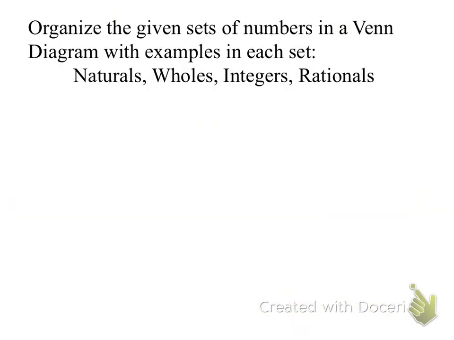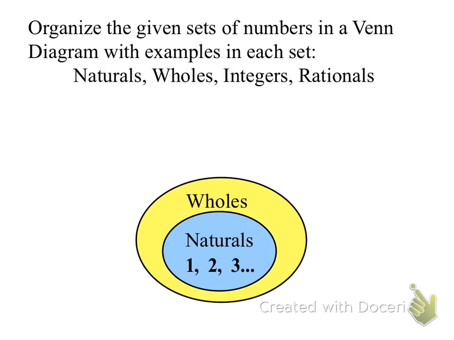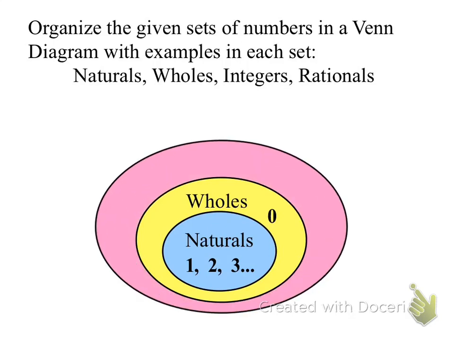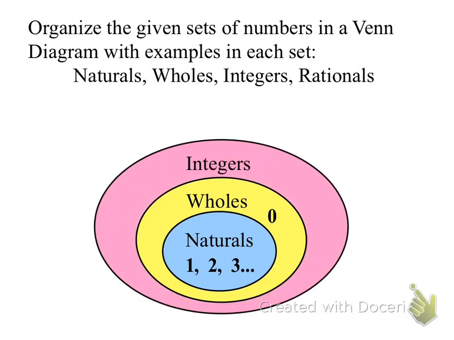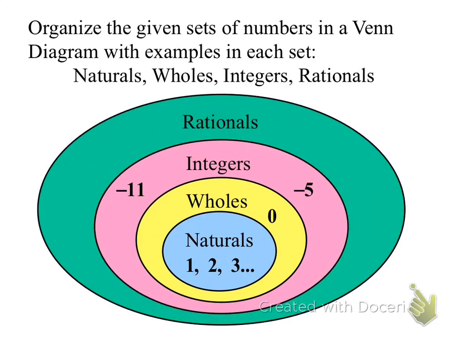Okay, I'm going to show you the diagram one more time. Remember, we've got our naturals. Our whole numbers include the naturals and 0. Our integers include all the wholes in the naturals and the negatives, the opposites. And then we've got our rationals, which are inclusive of everything in the center and the decimals.